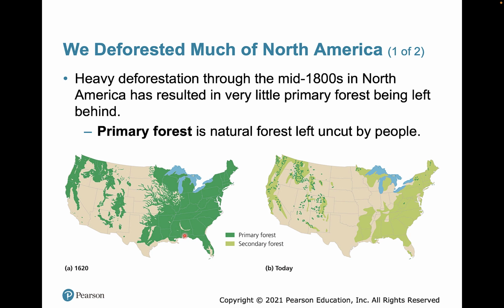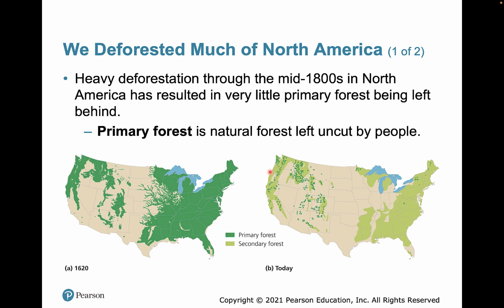We came in and we decided to cut down the forest to build our log cabins, to fuel our homes, to do all those things industrial and in the sake of progress. And a lot of the West got deforested for the purpose of agriculture. All right. So most of this primary forest is gone.